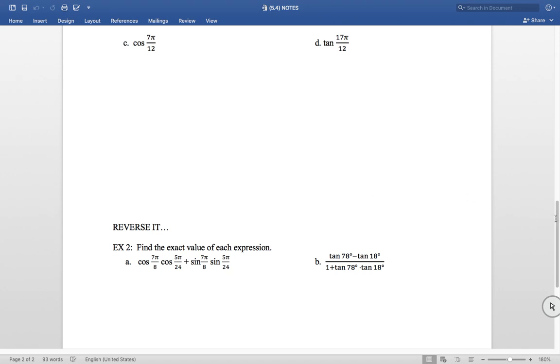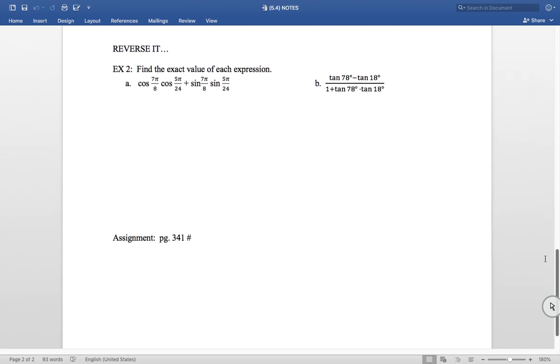So if you look at this first one, it says find the exact value of each expression. What is the exact value of the cosine of 7/8 pi times the cosine of 5/24 pi plus the sine of 7/8 pi times the sine of 5/24 pi?